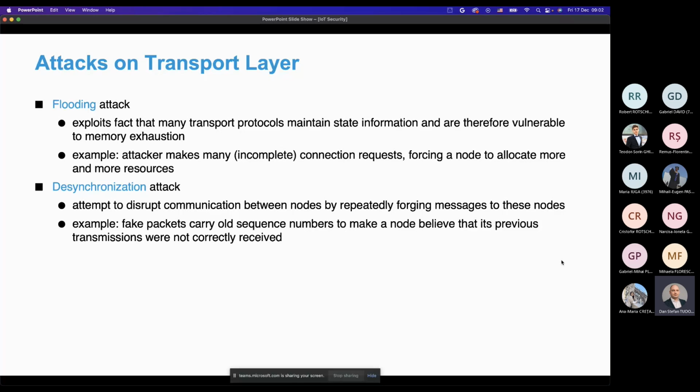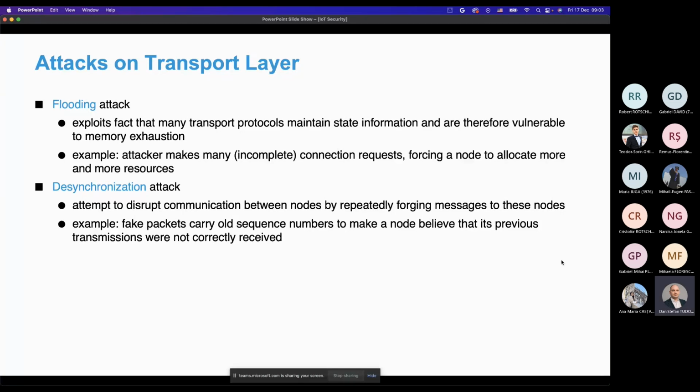And given that you don't have a lot of memory at the affected node, this can lead to the node refusing other connections in order to keep its memory bound. This in turn prevents the connection requests from legitimate nodes from succeeding. So you flood the node with requests to connect from a compromised transmitter, and then the node will not connect to the network.